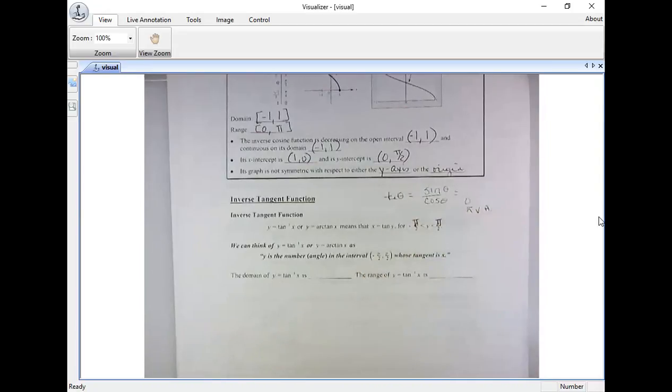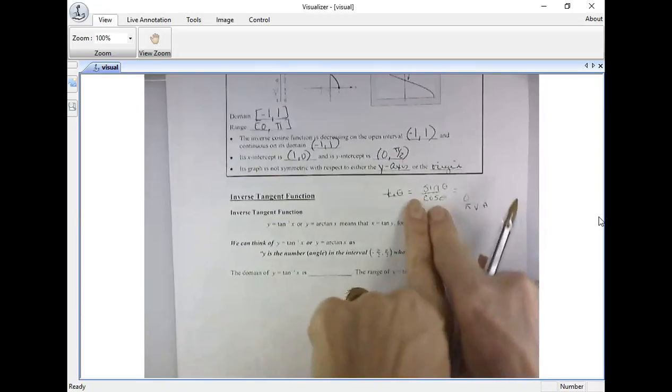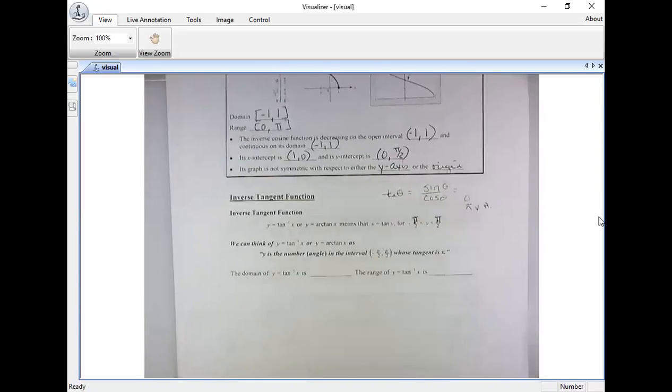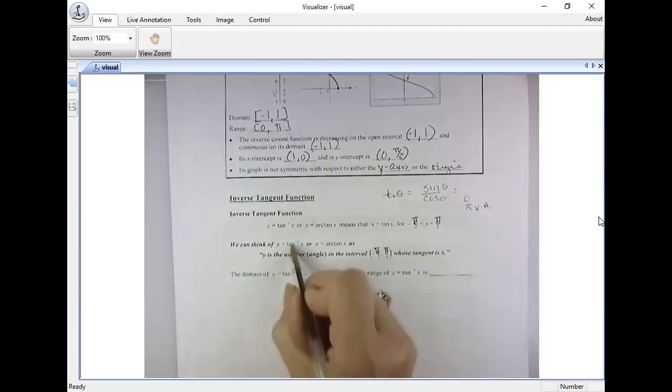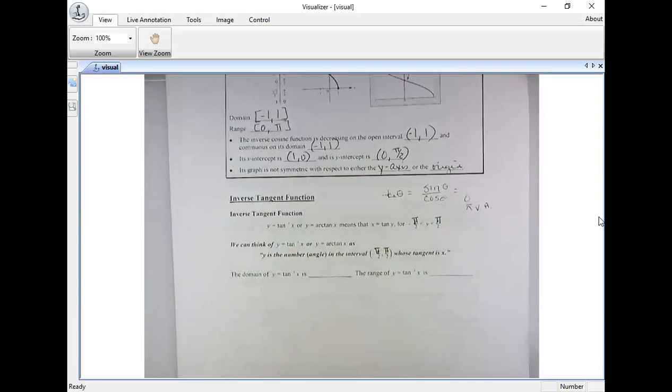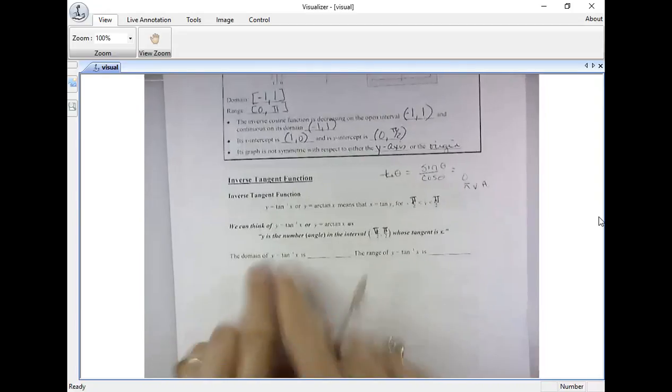Now, you can memorize that, or you can think about it and see why that's what we choose, okay? And we already know that when we see this or this, we're going to be thinking of the angle whose tangent is something. Now, talk to me about domain.